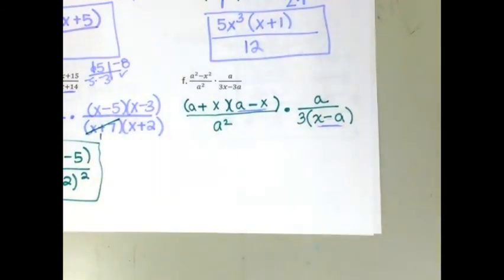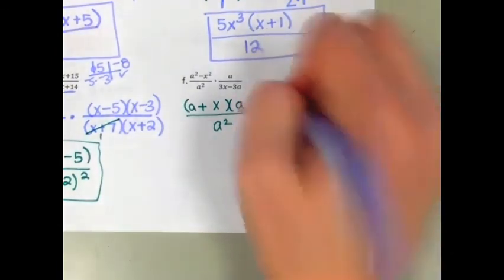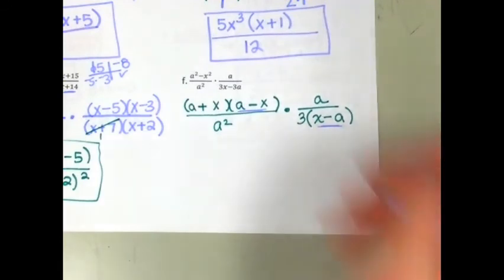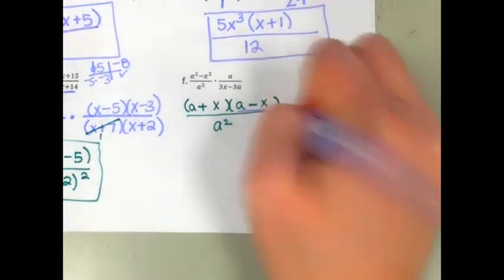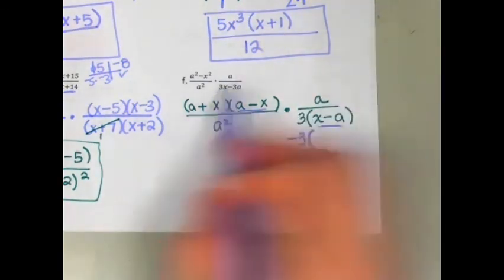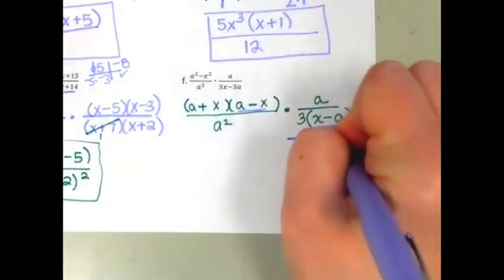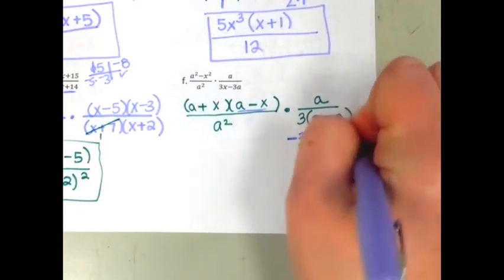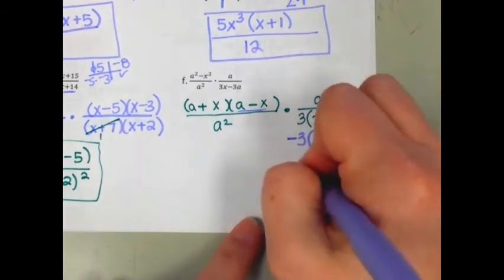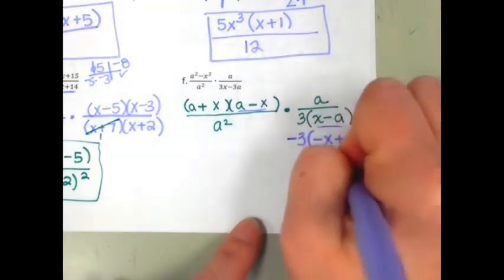Let me ask you, if I factor out a -3 here, what would happen here? So if I factored out a -3, what would happen? I would get a -x and a +a. Now, are they the same? Well, couldn't I rewrite this as a minus x?